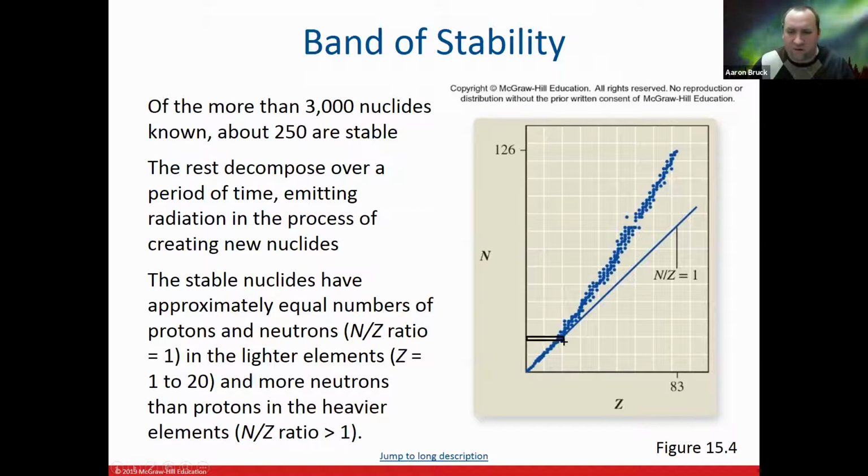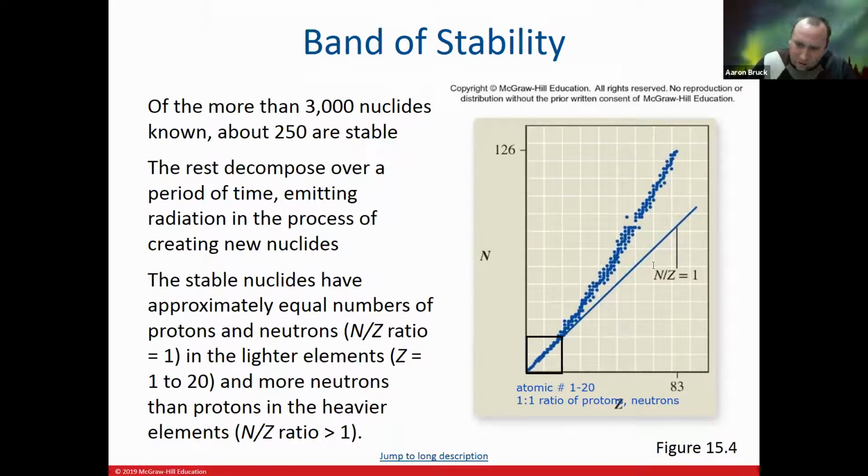The first zone is right here. Atomic number 1 to 20. What we tend to see here is a 1-to-1 ratio of protons and neutrons in this zone.